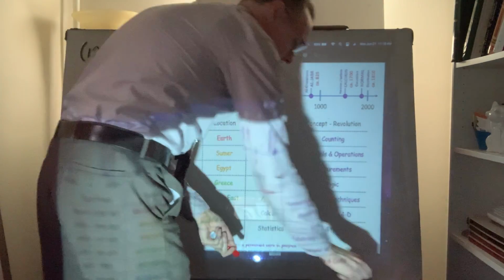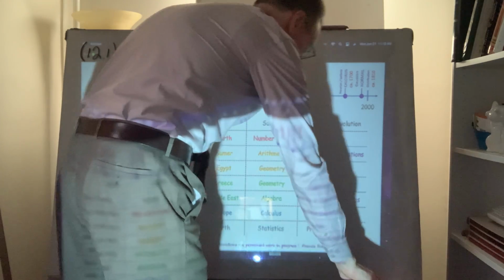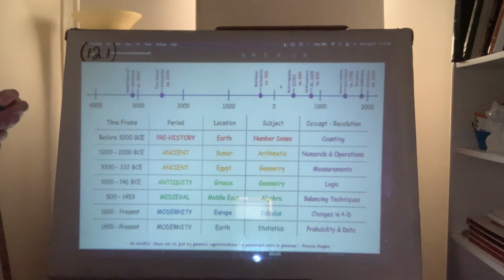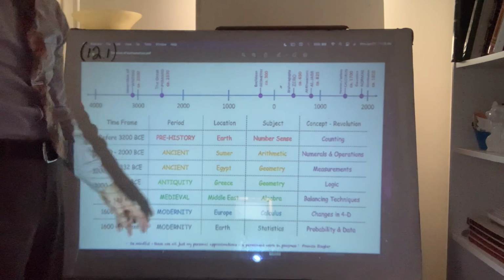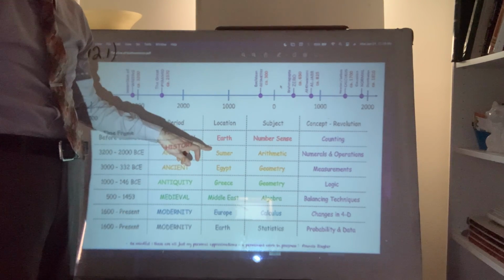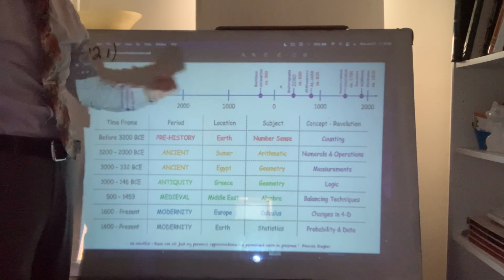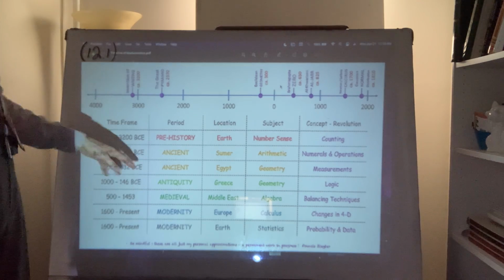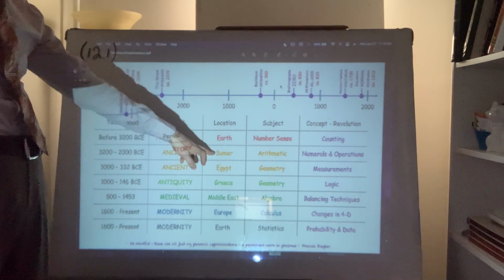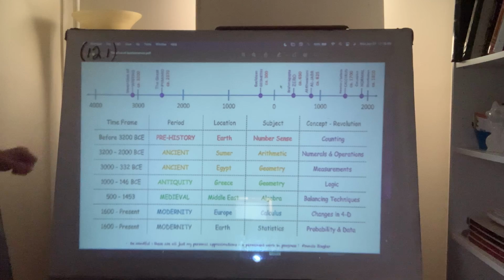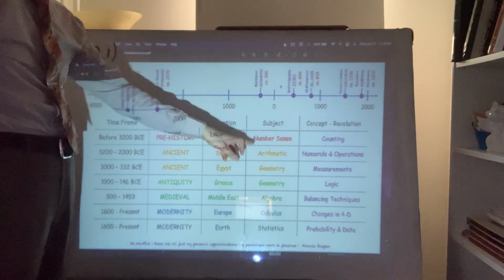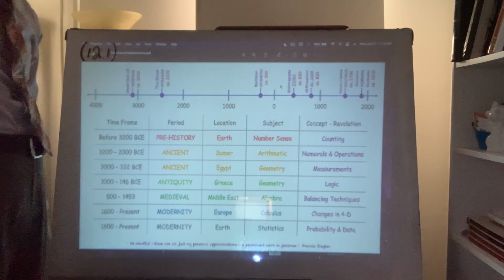Now, earlier in the course, we had been covering Babylonian arithmetic, Mayan numerals and such. At least Babylonian, which is derived from Sumerian, would be in this time frame, and we might regard that as ancient math, which is basically arithmetic.